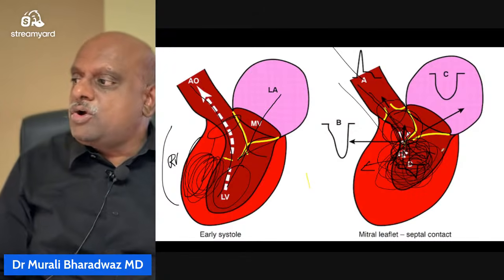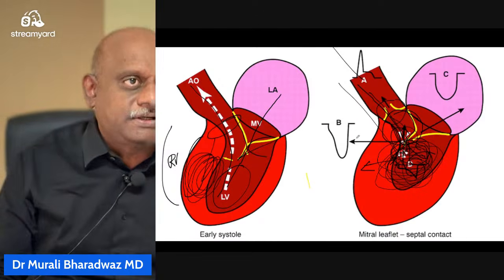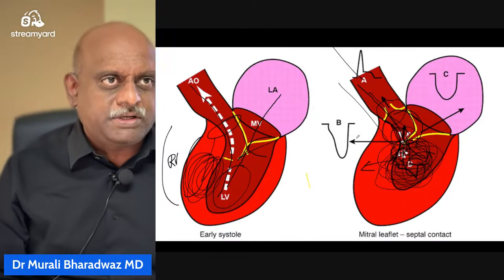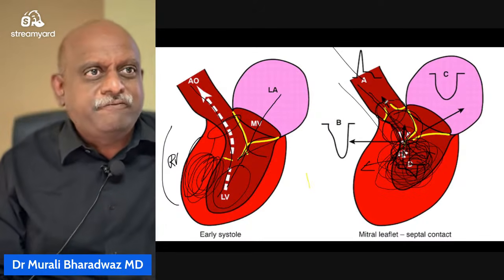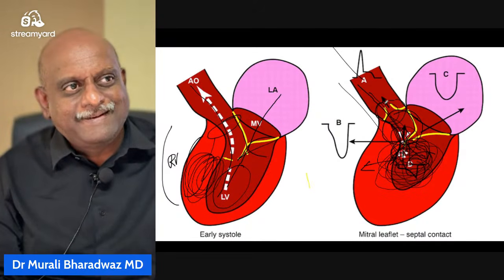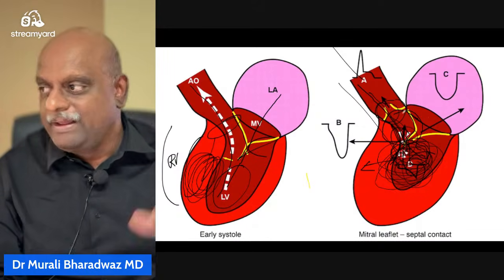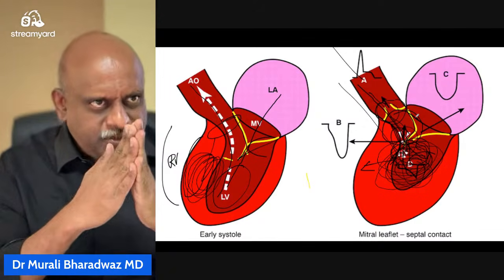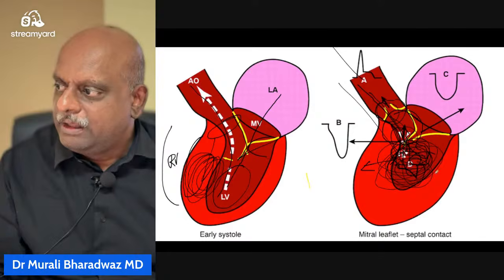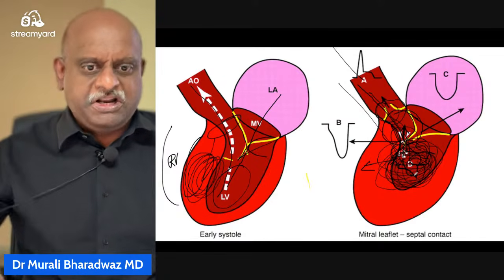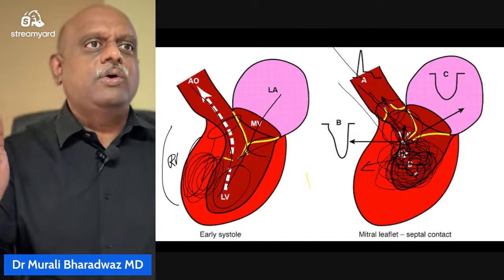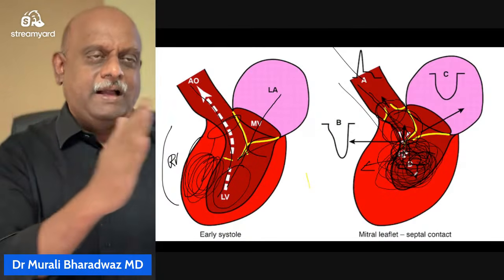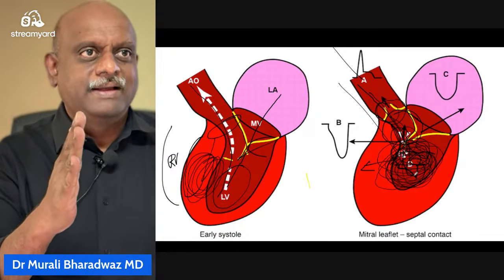But this is called a dynamic obstruction. Why is it called dynamic obstruction? In aortic stenosis, it's a fixed obstruction, because aortic stenosis is a fixed one. Here, suppose this ventricle uses pressure and pushes the blood, then this LVOT obstruction will be overcome.